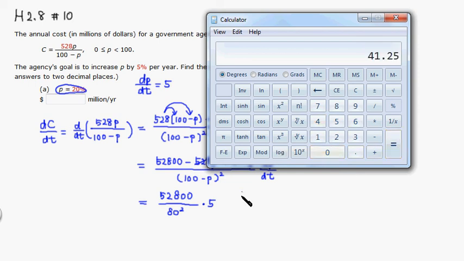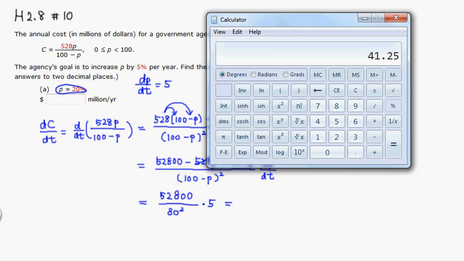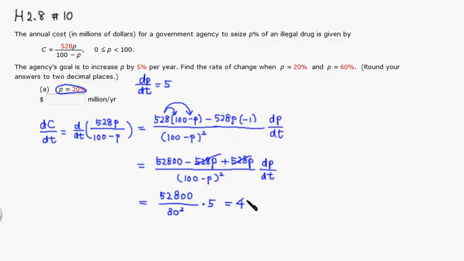This came out to be 41.25. So the answer is 41.25 million dollars per year. That's it. I hope that this was clear.